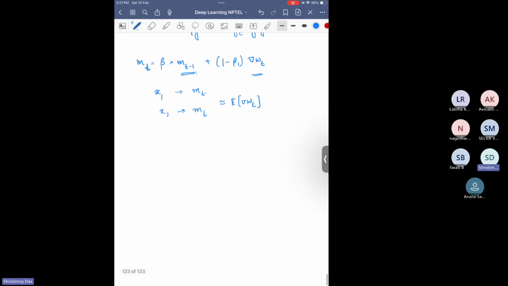Okay, think of it like this. I'm giving a simple example. Suppose I give you a coin which has probability of heads p and probability of tails 1 minus p. It is not 50-50, just some probability p. And I ask you what is the probability of heads. What will you do?